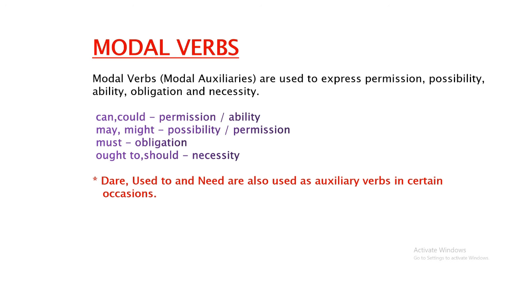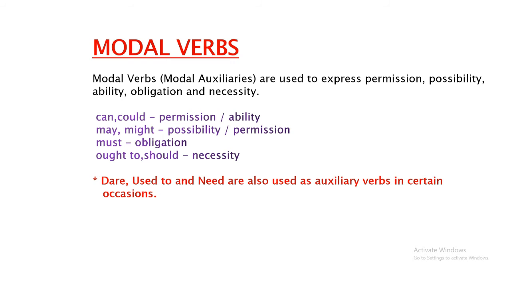Okay, next is the modal verbs, or we call them modal auxiliaries. These verbs are used to express permission, possibility, ability, obligation, and necessity. Can, could, may, might, must, ought to, should are modal verbs.